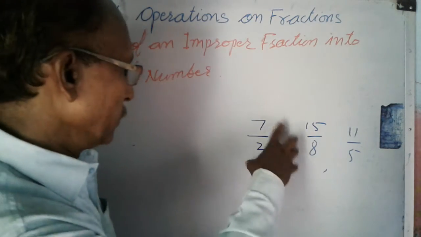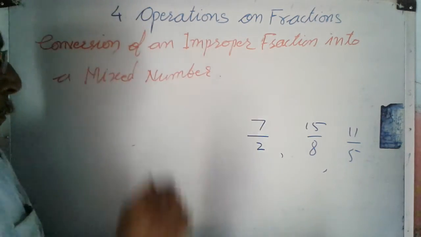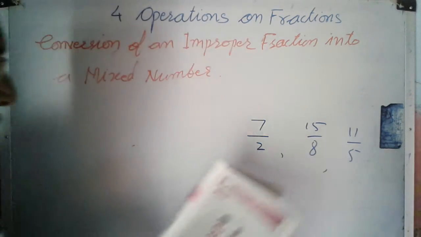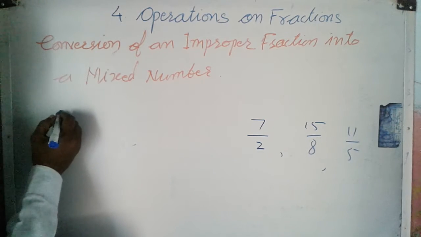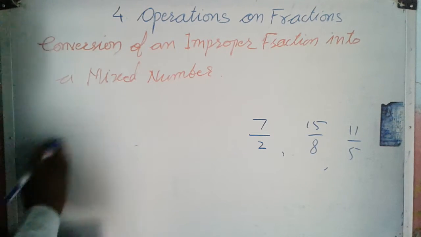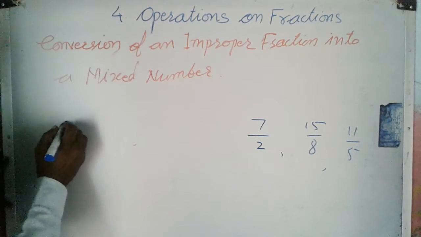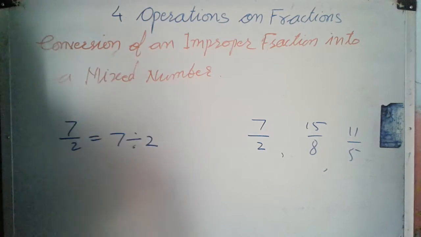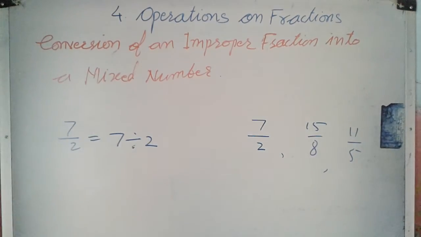And how to convert such an improper fraction into a mixed number? We'll take the same example of 7 divided by 2.